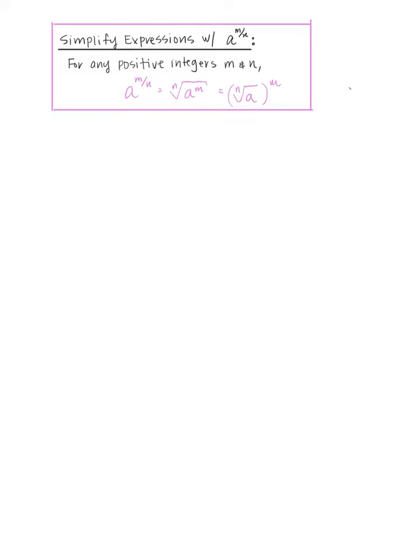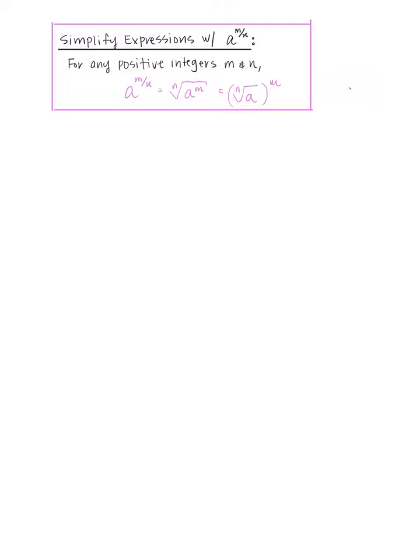So in general, if you want to simplify expressions with a to the m over n, again, the bottom is the root. So we're going to have the nth root of a to the m, which is equivalent to the nth root of a, and then you raise that whole quantity to the mth power.